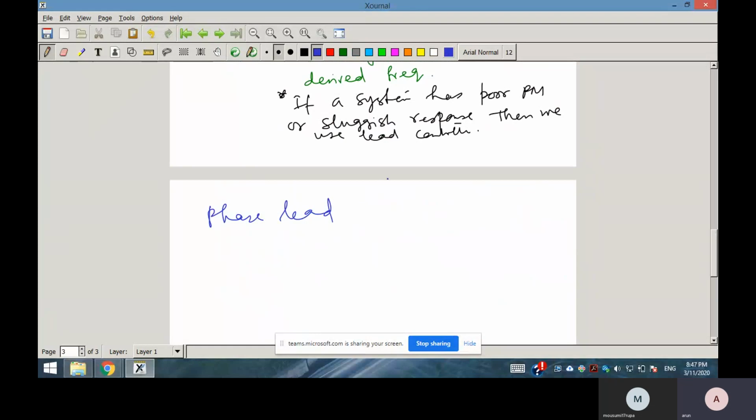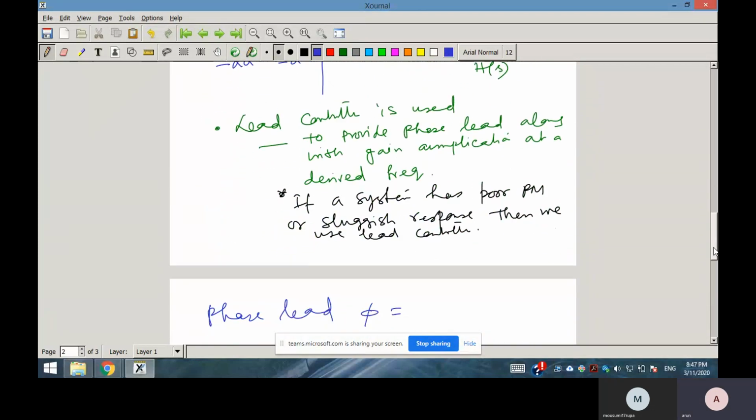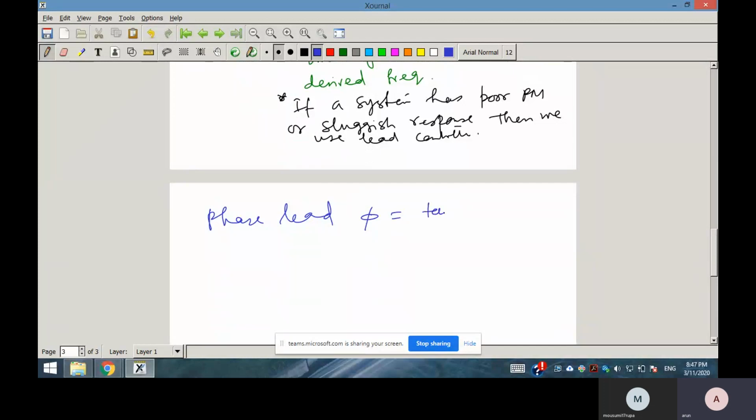The phase lead phi, you can easily see from the transfer function, is tan inverse of omega by a minus tan inverse of omega by alpha a. So you can write phi equal to tan inverse x minus tan inverse y, which is tan inverse of (x minus y) divided by (1 plus xy).